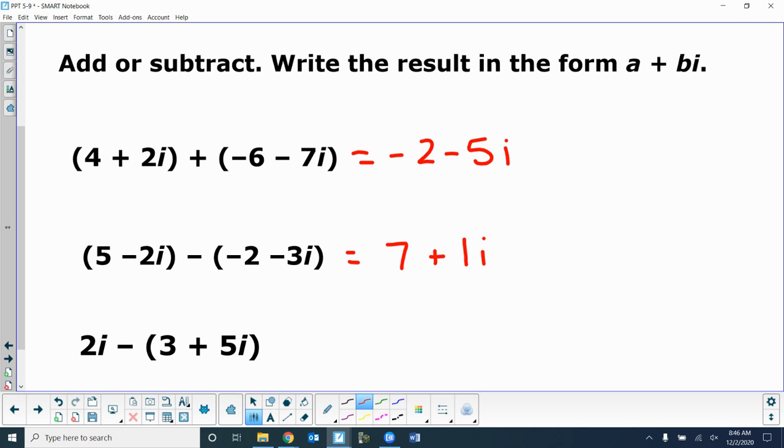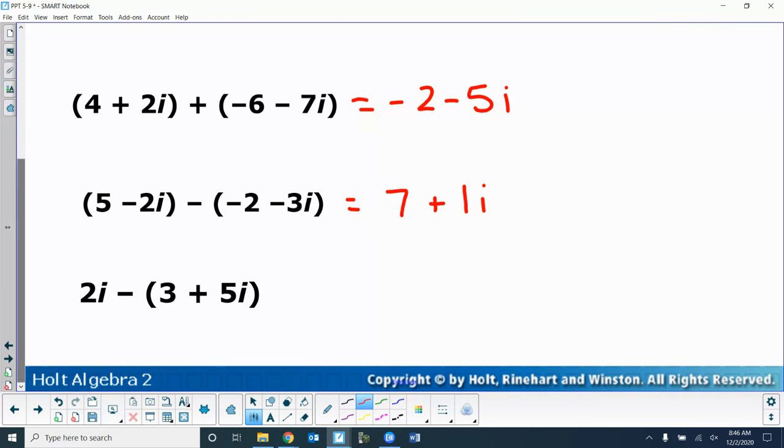Trent? How about this one? Yes. The negative makes that 3. And it also makes the 5. Right, so what's 2i minus 5?